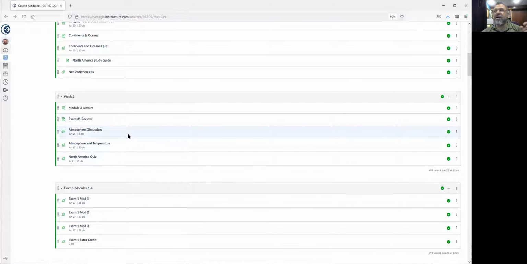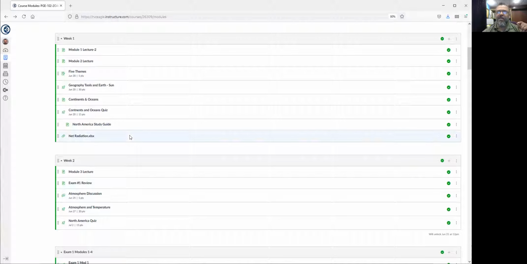I will also put a page into the week 1 module, with an additional geography tools walkthrough, something of that nature, to answer a couple of the specific questions I had. Again, I encourage you, if you have a specific question on a topic, let me know.